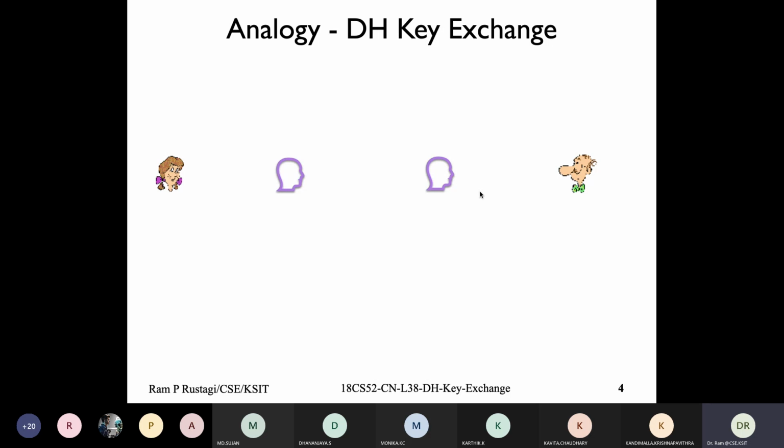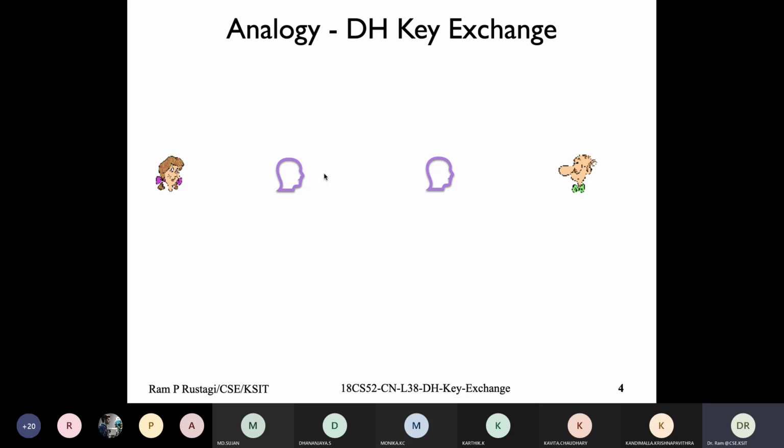Bob can communicate back. So Alice and Bob should be able to agree upon a shared key without anybody in the middle being able to discover it. Any thoughts on how this could be done?